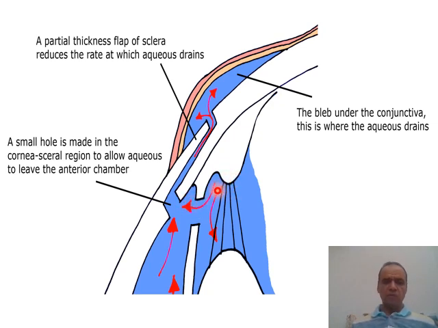So the aqueous passes through the peripheral iridectomy, because here we cut surgically a part of the periphery of the iris, then through the trabecular defect between the scleral bed and scleral flap into the subconjunctival space, and then into the systemic circulation by conjunctival blood vessels and episcleral veins.